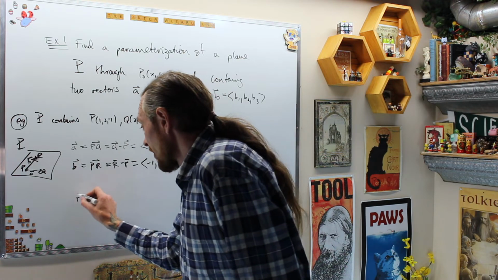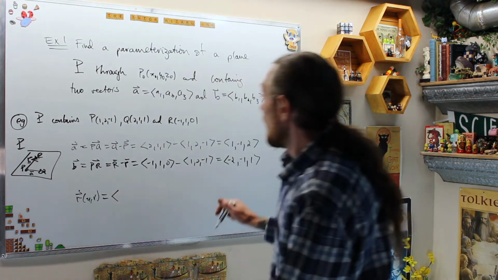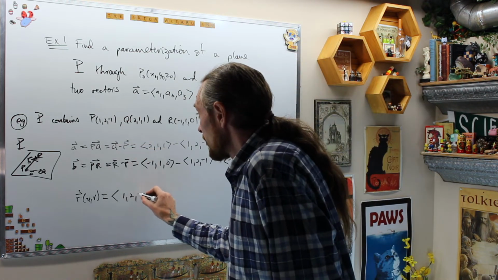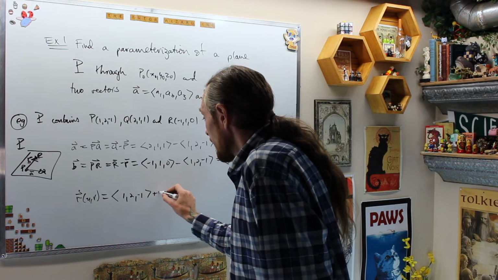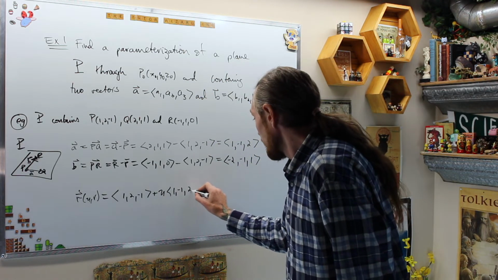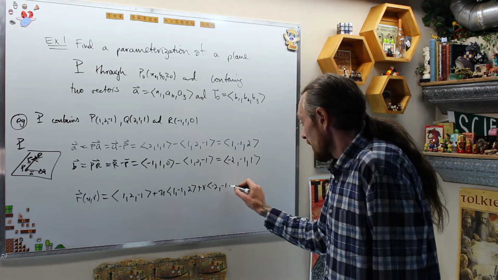That tells me that R of u, v is going to equal one of my points. So any one of these, 1, 2, minus 1, plus u times A, 1, minus 1, 2, plus v times B, negative 2, negative 1, 1.